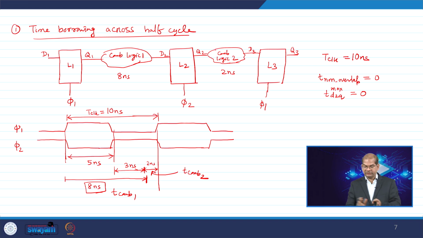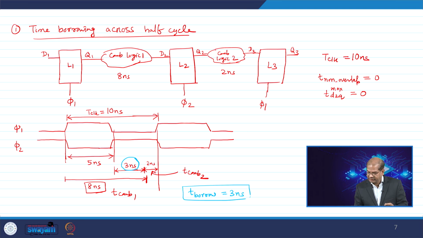So across stages it is not borrowing, but inside the half cycle it is borrowing. How much time is borrowed here? The time borrowed here is basically this 3 nanosecond. This T borrow in this case is 3 nanosecond. So this is the example for time borrowing across half cycle.